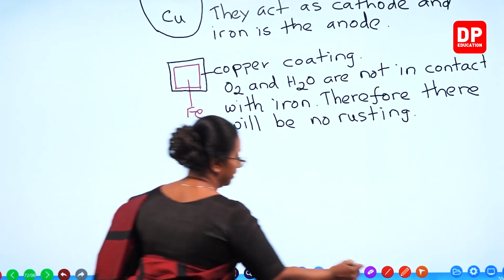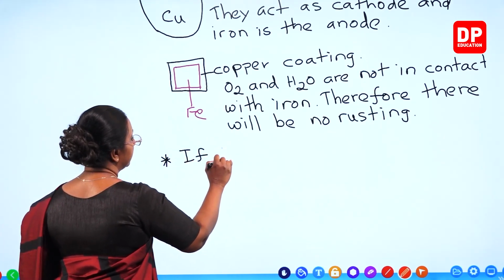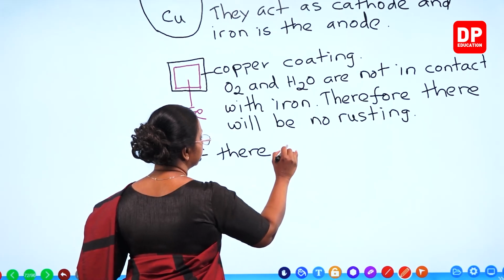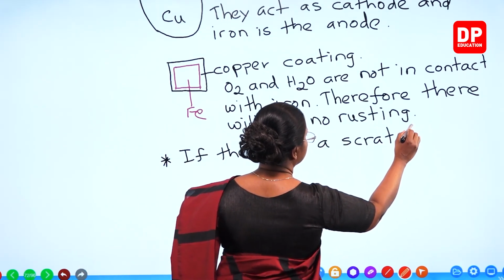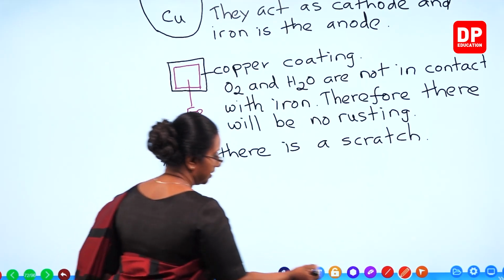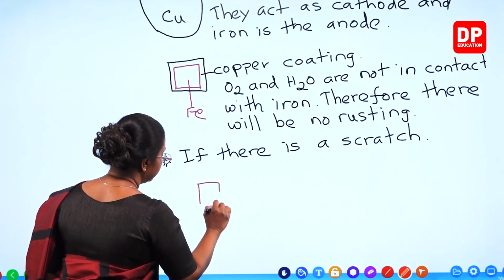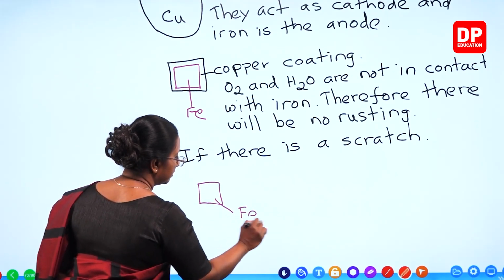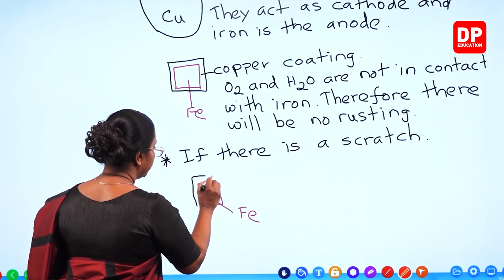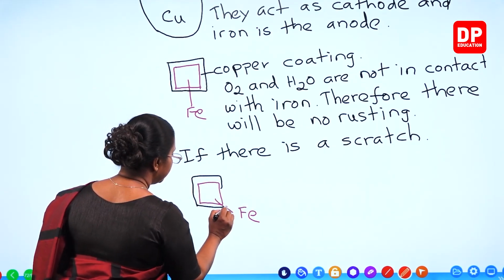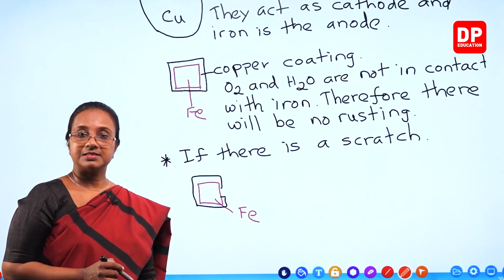But, very important, if there is a scratch, then what happens? Now we have the iron there. We had the copper coating, but the copper coating is scratched at a certain place.